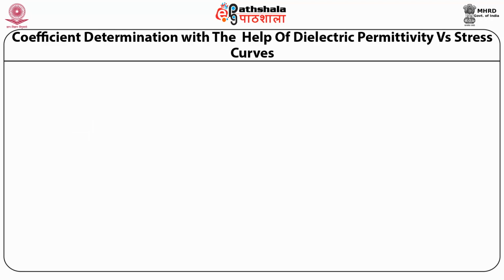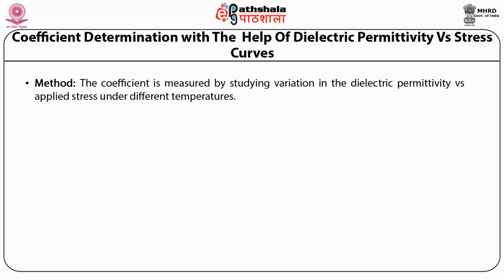So the next method for coefficient determination is with the help of dielectric permittivity versus stress curves. In this method, we use the converse electrostriction to establish a relationship between the dielectric permittivity and the applied stress.